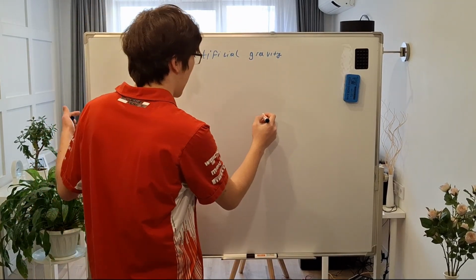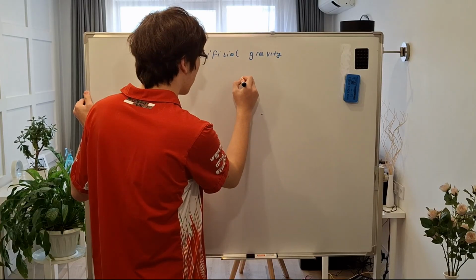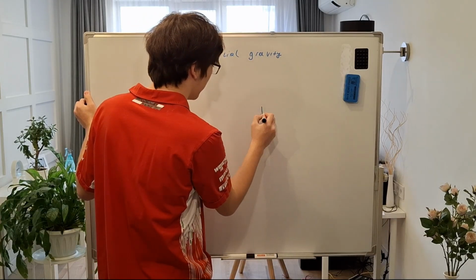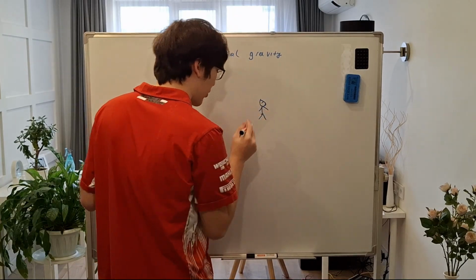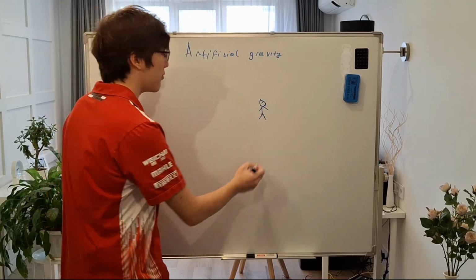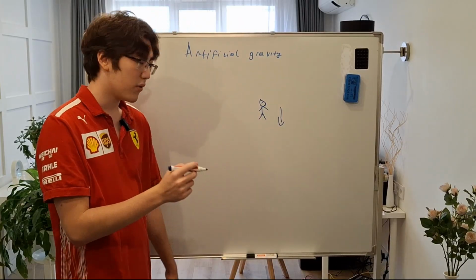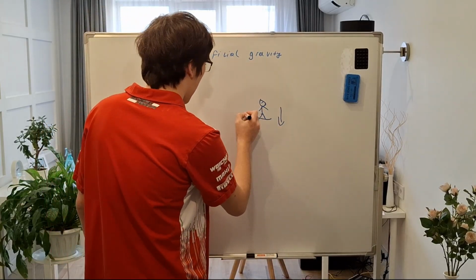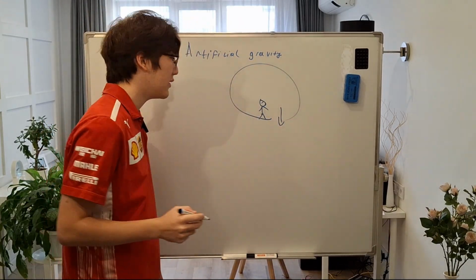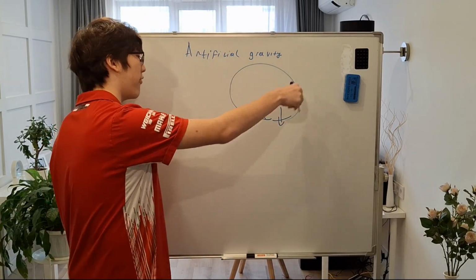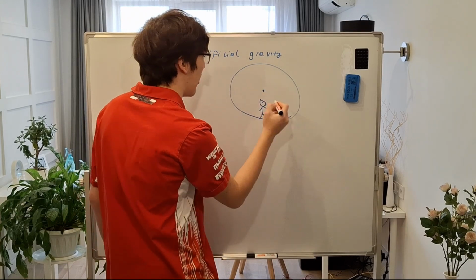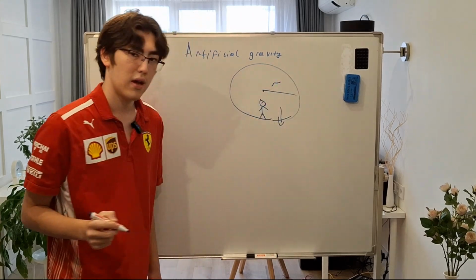So we have our person, and we need to artificially push him into something. He needs to be pushed down with force. How does this happen? This is the floor of our space station. It takes the form of a circle with a radius r.